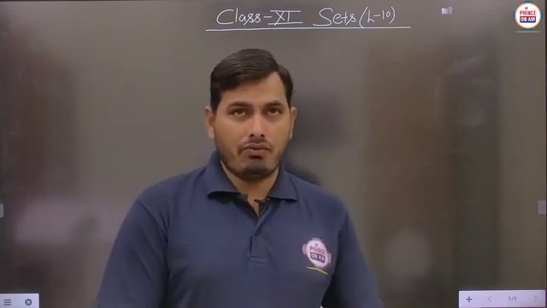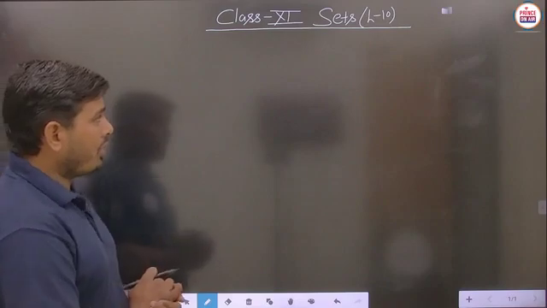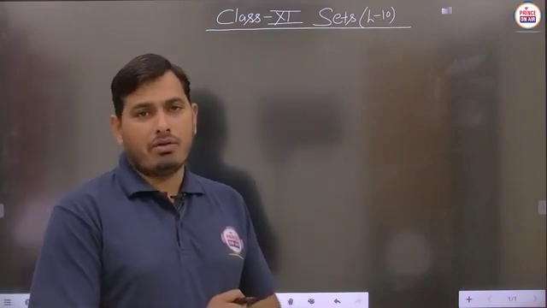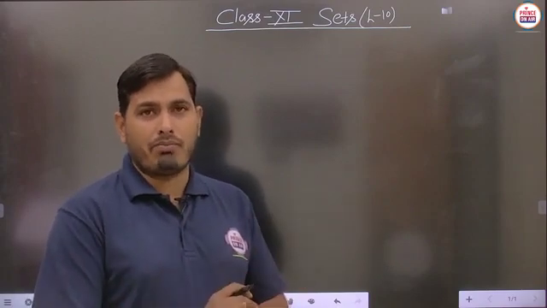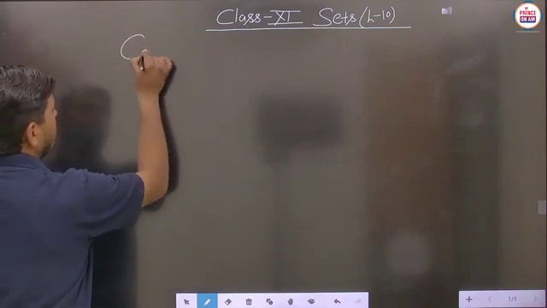Now today we will start a very important topic, which is also very important for the probability section, because this part will be used in probability where we have to write down a sample space. It is the complement of a set.